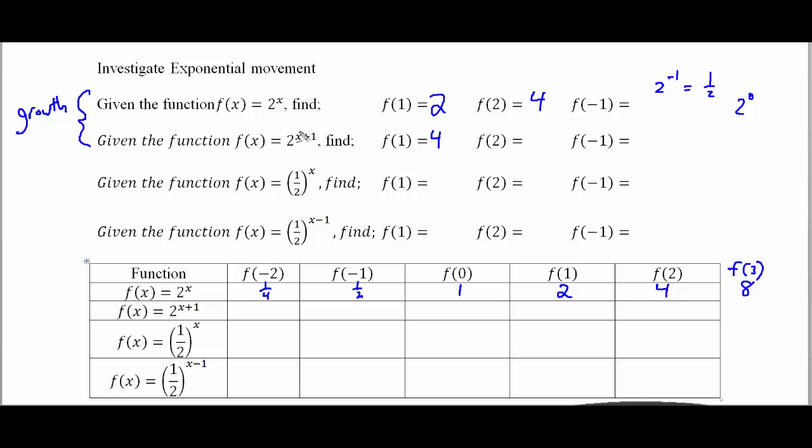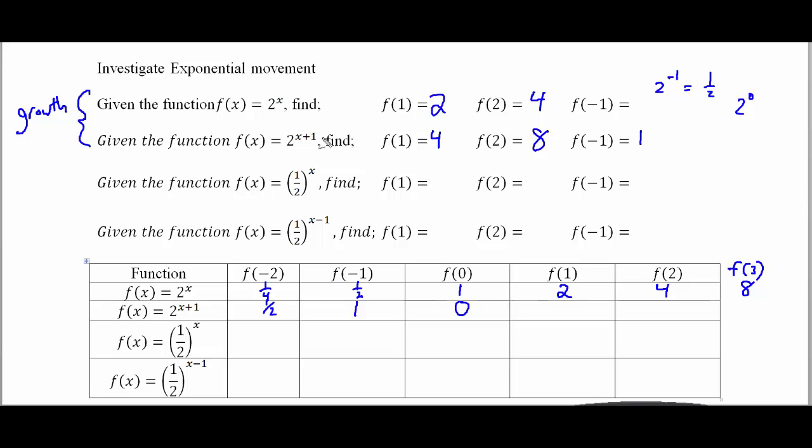And then if I plug 2 in for f of 2, then it would be 2 to the third power, which is 8. And f of negative 1, if I plug negative 1 into this, so negative 1 plus 1 is 2 to the 0, which then would give me 1. So what this is going to be is that this graph is going to be shifted 1 to the left. Shifted 1 to the left.